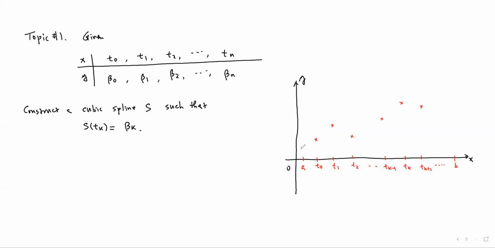I want to join these points with polynomials of degree 3. I want to find a cubic spline to pass all these points. These points are quite arbitrarily picked.